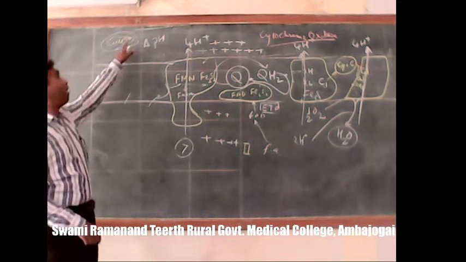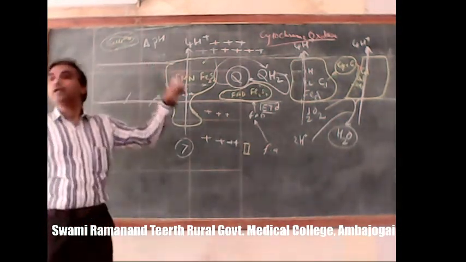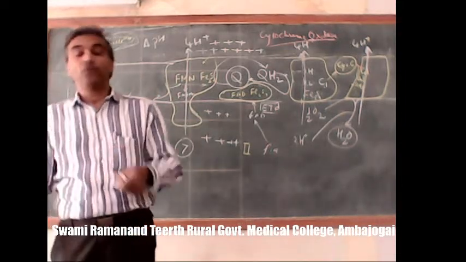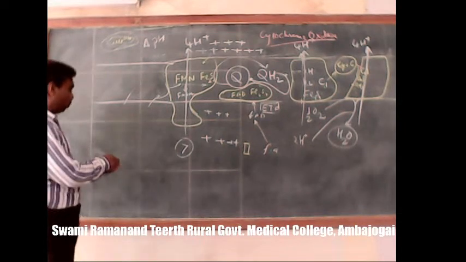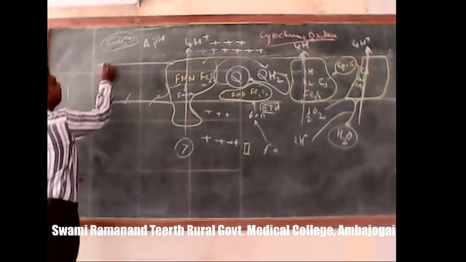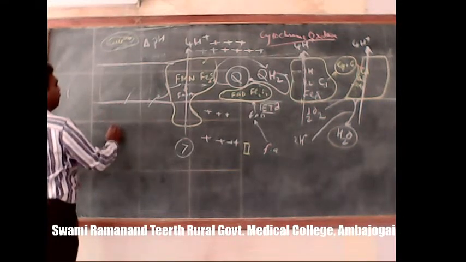So there are 2 parts, one that is embedded in the inner mitochondrial membrane and another one which is floating in the mitochondrial matrix. This is what it looks like.